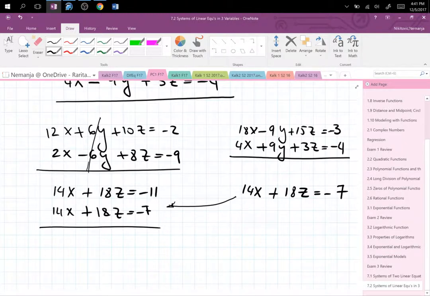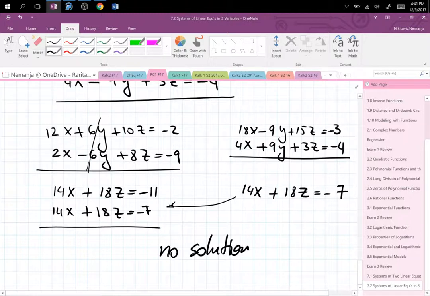Is this what everyone has now? So no solution, yay. I think, because we have 14x and 18z, and 14x and 18z, they have the same signs and different numbers over here.